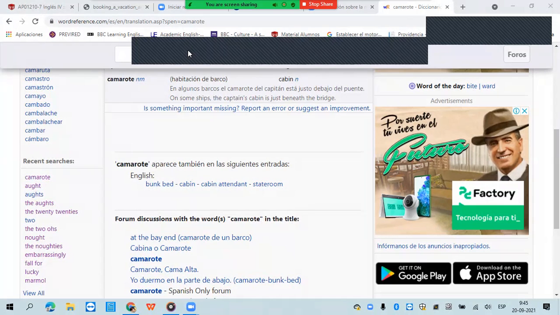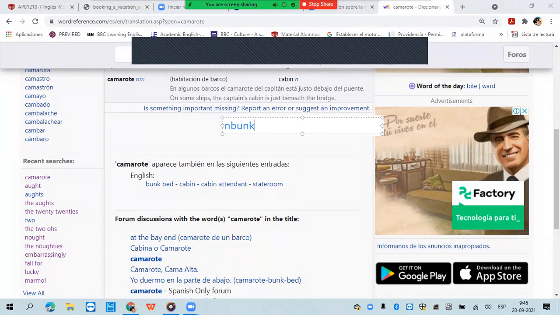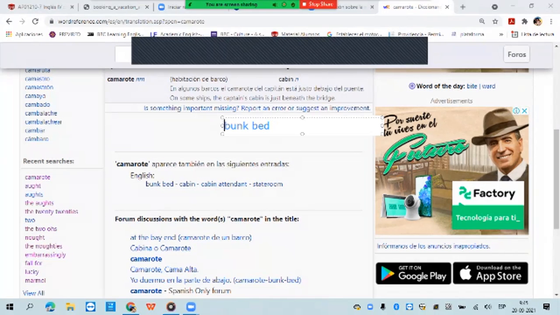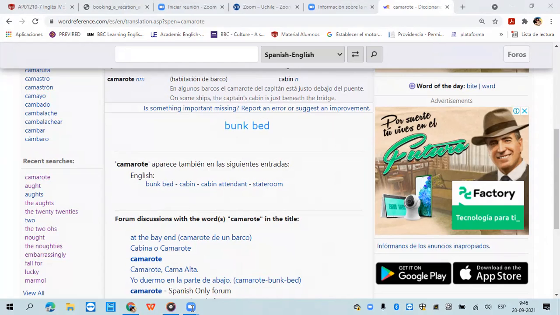This is the word. Bunk bed, I'm sorry. I hadn't seen the picture well. Where was the picture? I missed the picture.